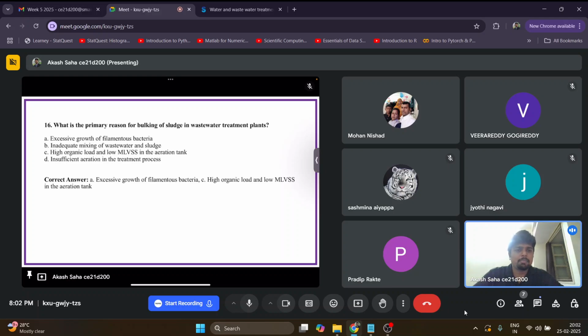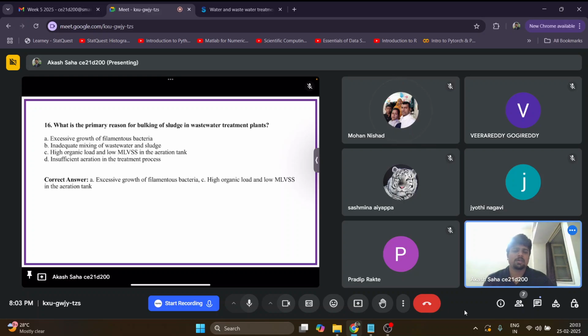Because there is a minimum level of DO that should be there for the organic matter to be degraded by the organisms, because the microorganisms will only act in the presence of dissolved oxygen. So there should be a sufficient amount of dissolved oxygen present for the microbial degradation. If it is not provided, that means insufficient aeration is there.